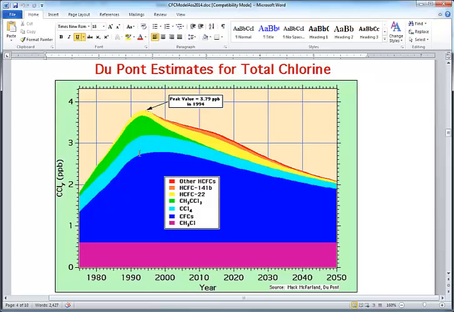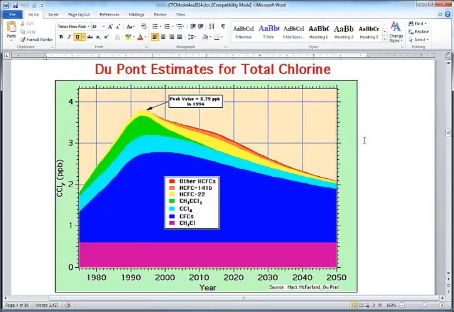Okay, of that 3.7, roughly 0.6 was natural. 0.6 out of 3.7 is, I don't know, you could figure it out on your calculator, but about 17% of the total chlorine in the atmosphere came from natural sources, so the rest, 83%, would be from human activity. That's just my ballpark figure.